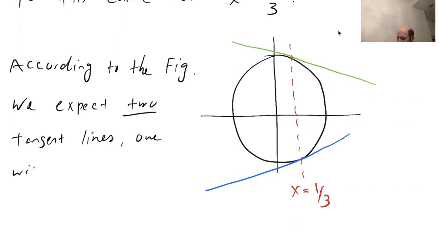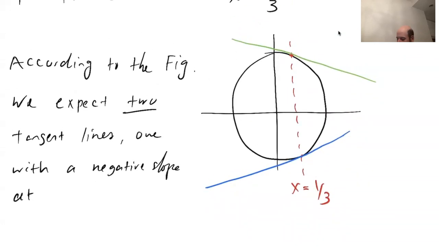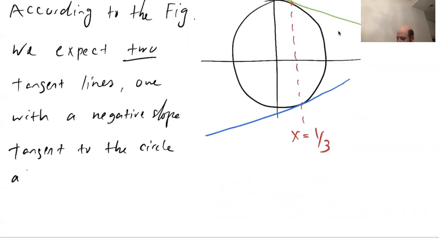One with a negative slope, which is tangent to the circle at the first quadrant.